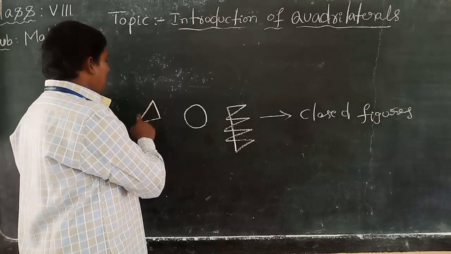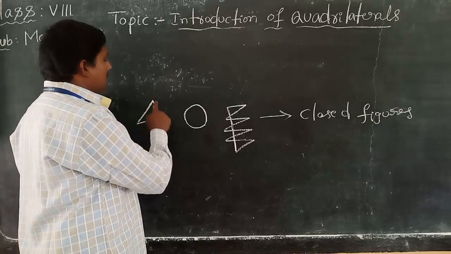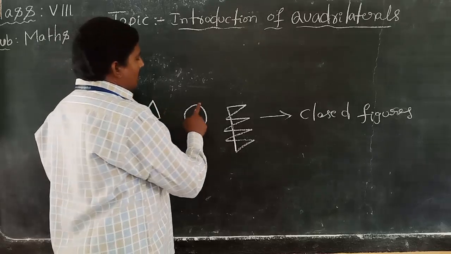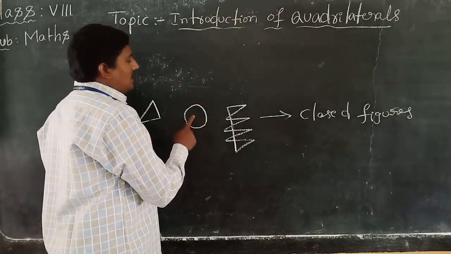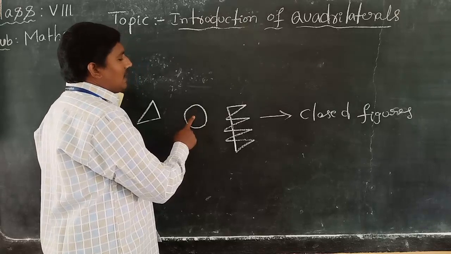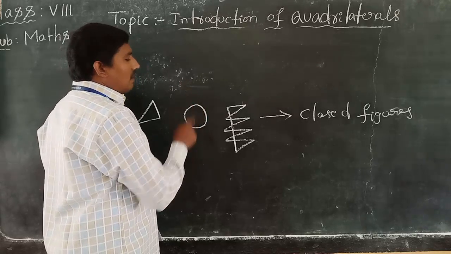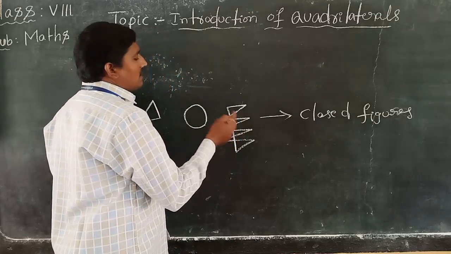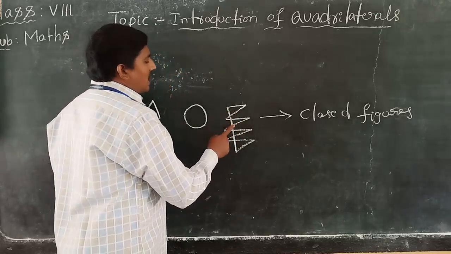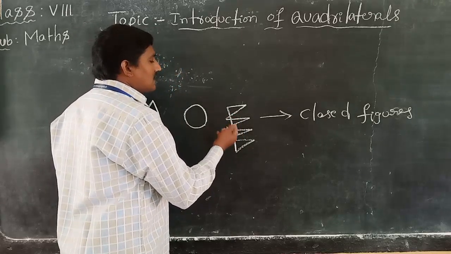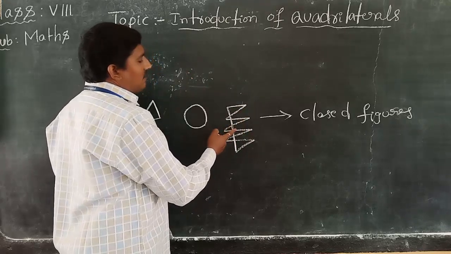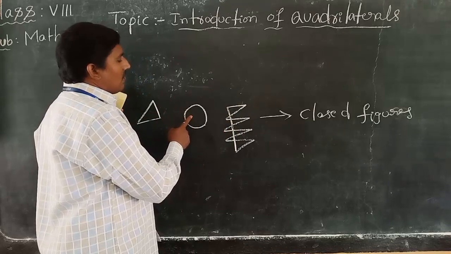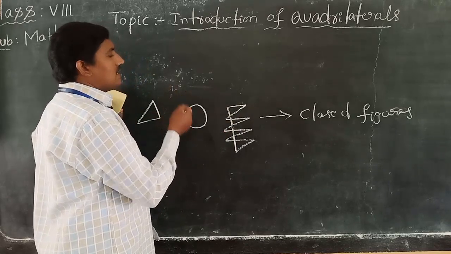This diagram is made with line segments, but this one is also a closed figure, made with curves, not line segments. The only difference is that this diagram intersects itself, but these two diagrams do not intersect themselves.